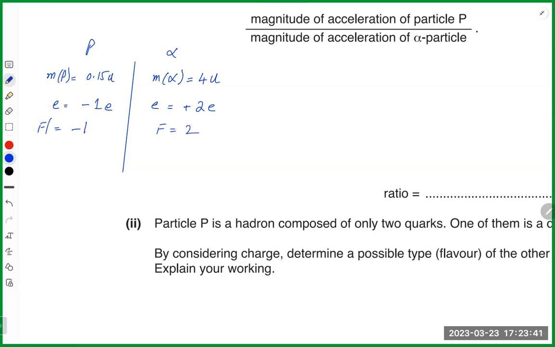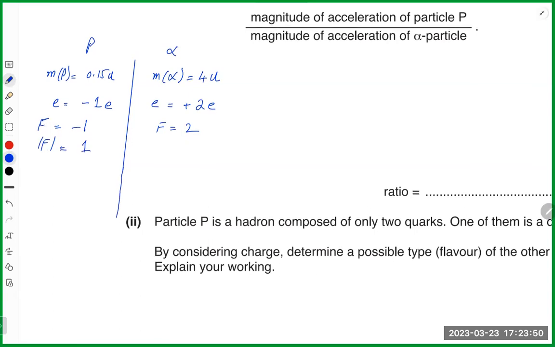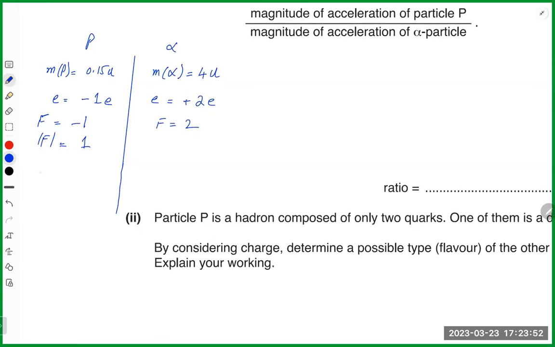We are talking about the magnitude of the force, so the negative sign will not make any issue. And acceleration equals force over mass.